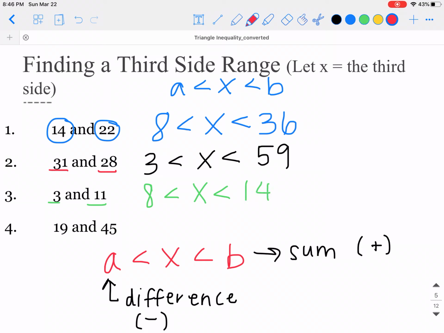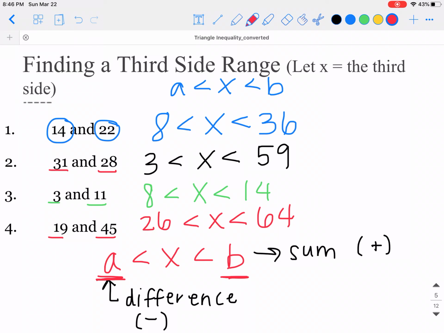And finally, number 4, we have side lengths 19 and 45. 45 minus 19 gives us 26, is less than X, which is less than 45 plus 19, which is 64. So anytime you're trying to find the range of values that can work for the third side, the number all the way on the left is going to be the difference, and the number all the way on the right is going to be the sum.